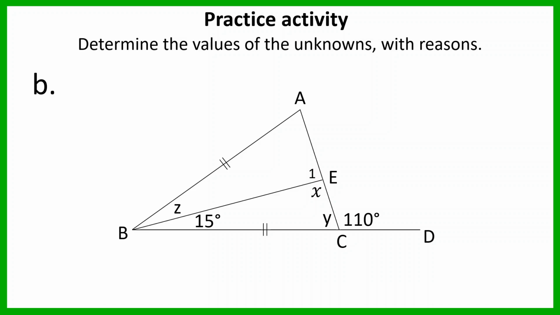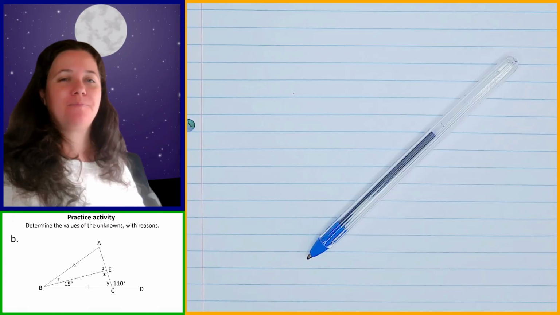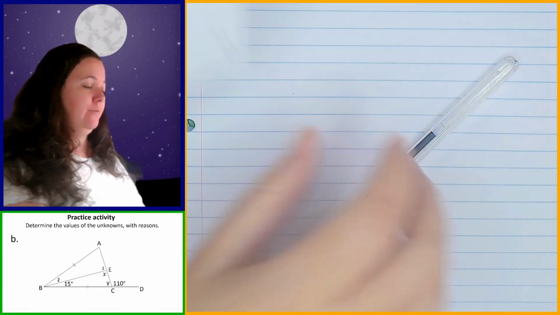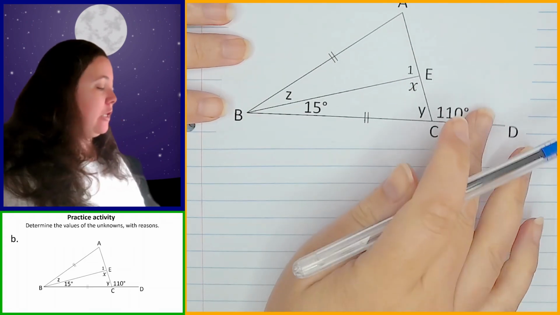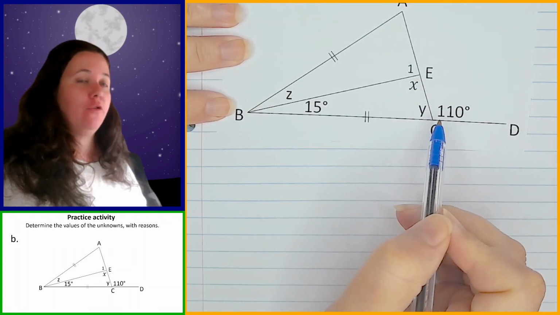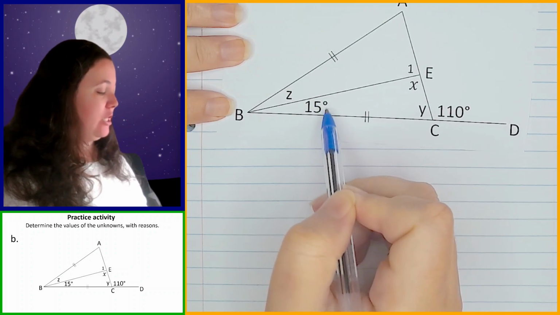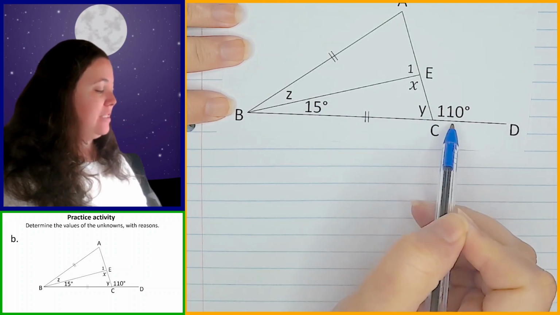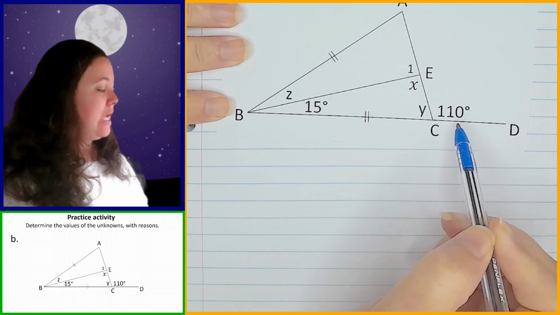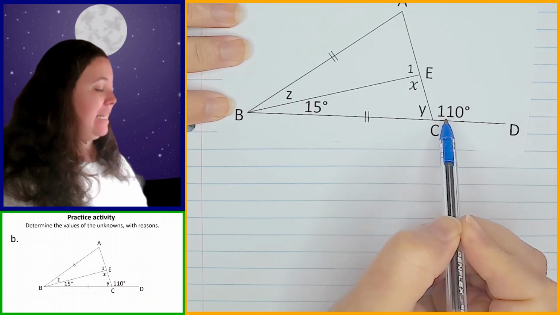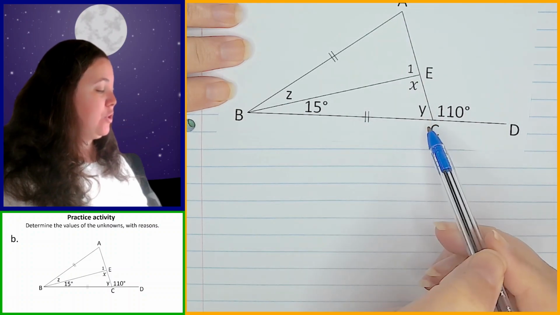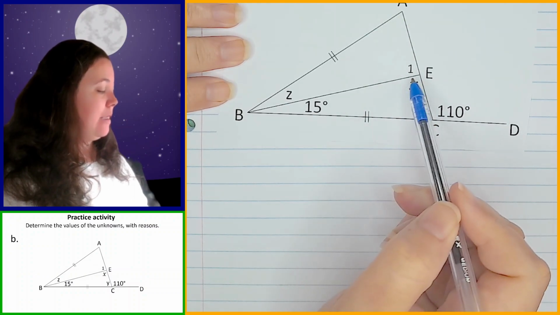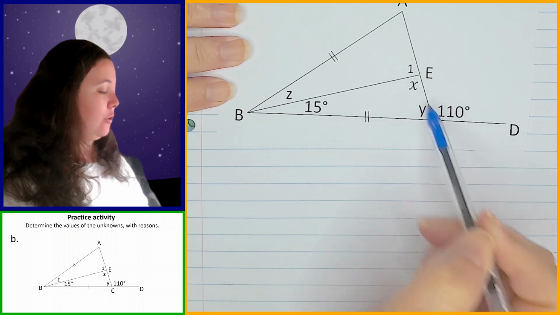Okay, so let's go through that example and see what you should have got. So in this example, you had to work out x. Now to work out x, you can look at the information you've already been given. You've been given that this angle over here is 15 degrees and this angle over here is 110 degrees. This 110 is an exterior angle for triangle ABC, and it's also an exterior angle for triangle BCE over here.